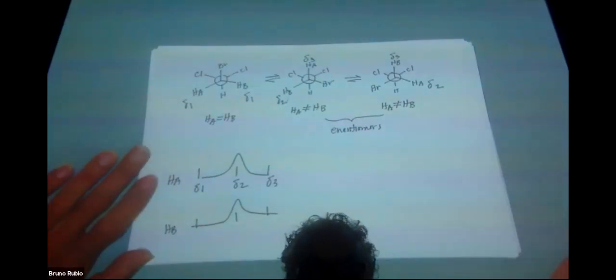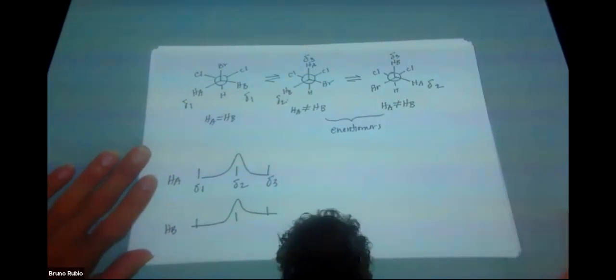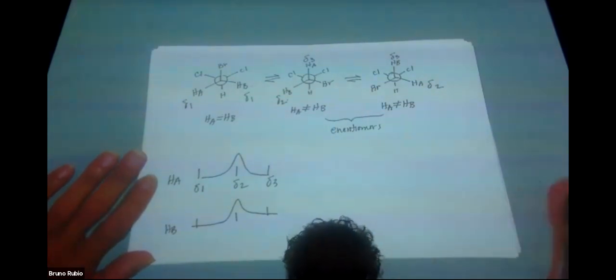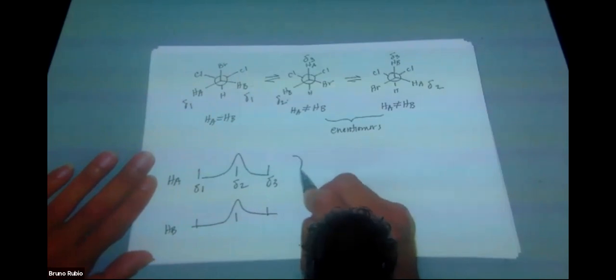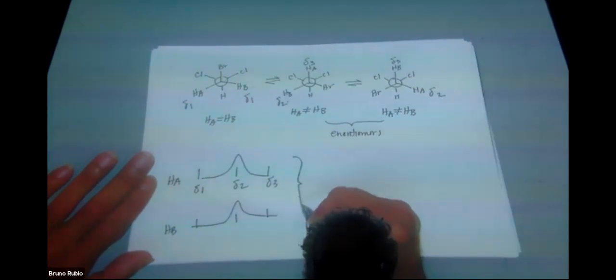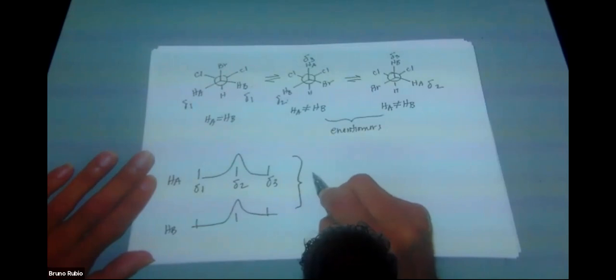So the two protons of a CH2 group are chemical shift equivalent, not by symmetry, but by a rapid mechanism. They're going from one chemical shift to another chemical shift to another billions of times per second. The NMR can't keep up with that because that would be a violation of Heisenberg uncertainty.